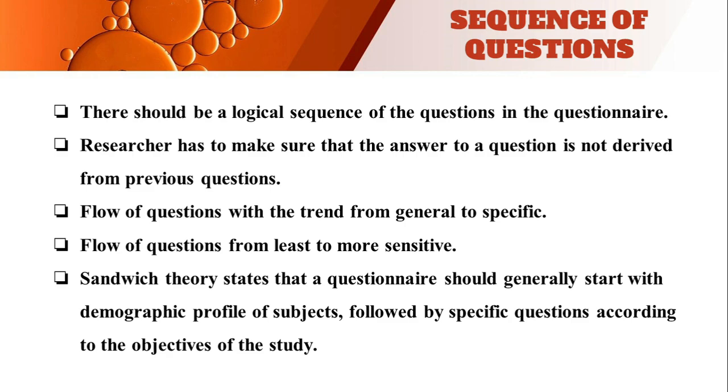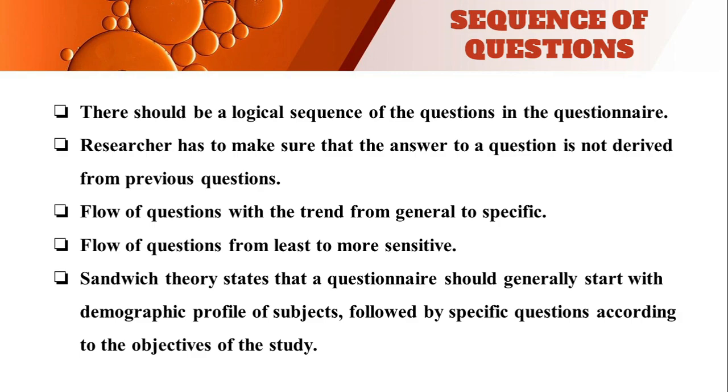Simple questions, general information should be asked first. Then we should move to the specific information. The next thing is we need to put the questions in order from the least sensitive to more sensitive. Don't put the sensitive question at first.